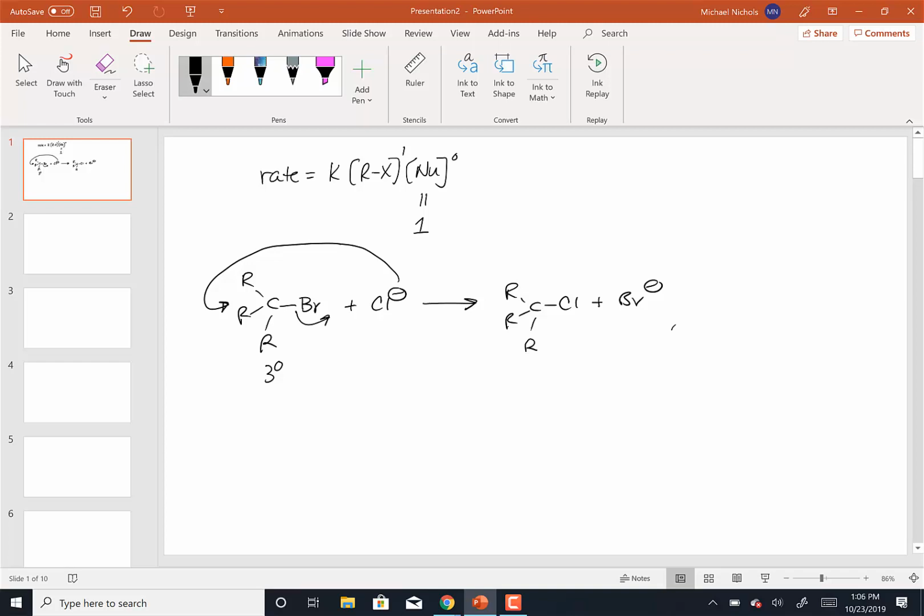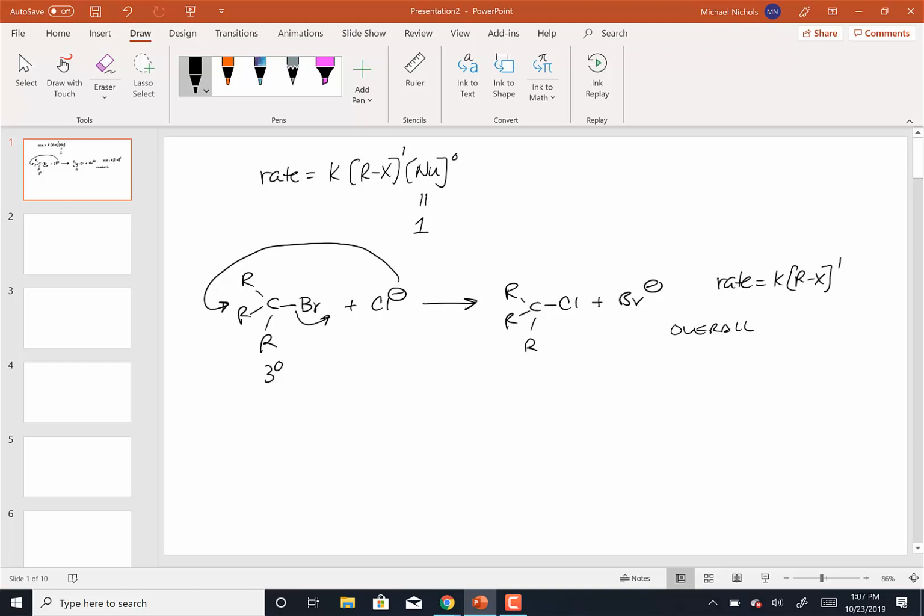Now, this is what's called the overall reaction. The overall rate equation, which was determined by experiment, was that the rate equals a rate constant times the concentration of the alkyl halide to the first power. So a one-step mechanism can't be the case, because if it was a one-step mechanism, the nucleophile concentration would be in the rate.